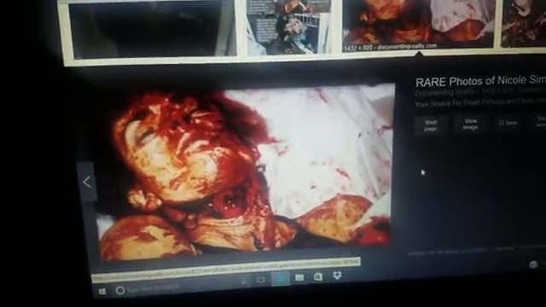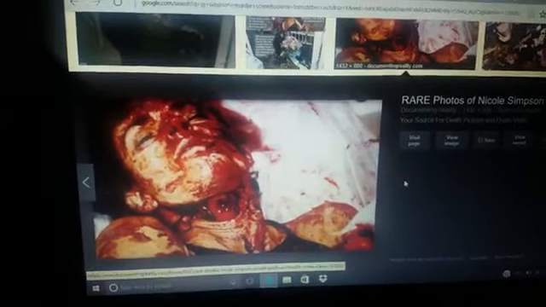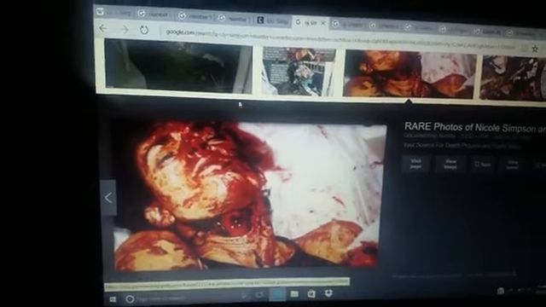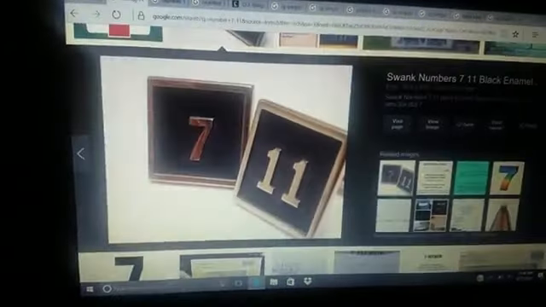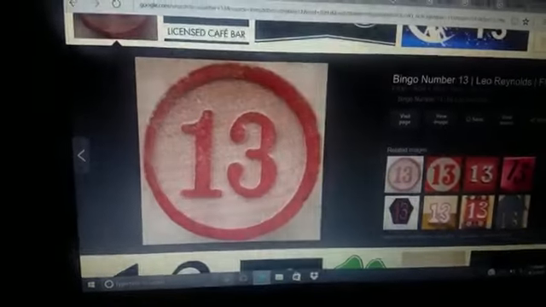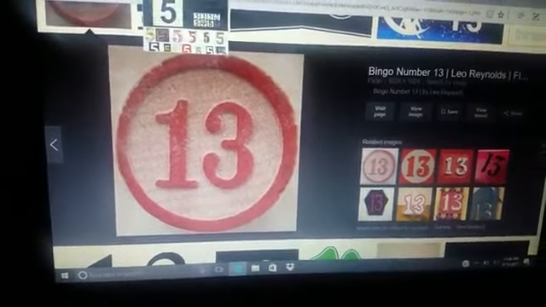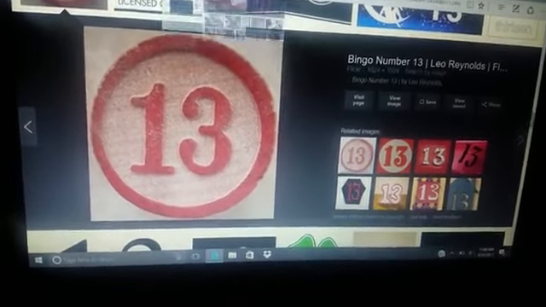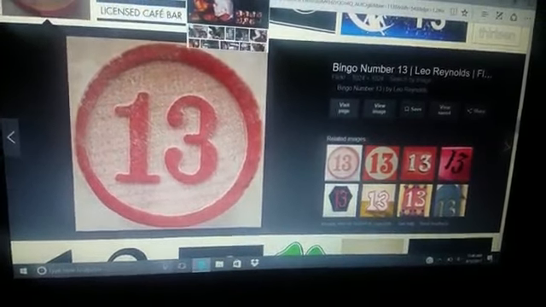So, when you add the 6-12 for June 12th, you get 9. 94 is 13. So June 12th is 9. 94 is 13. So right here, the 9, 7-11, same thing. Okay? Add that with the 13, all coded into the murders of Nicole Brown Simpson and Rob Goldman.